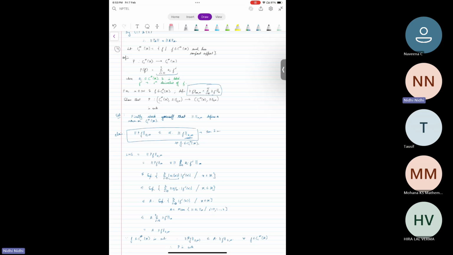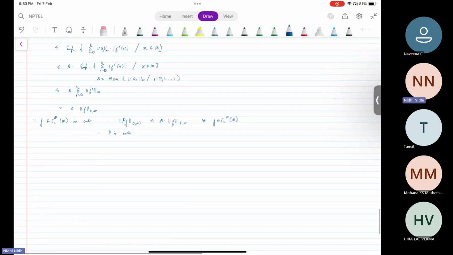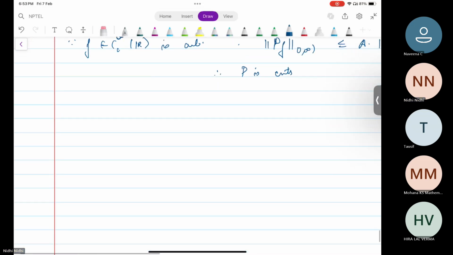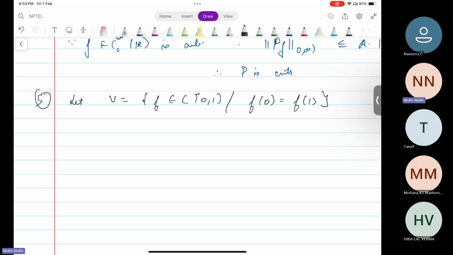Okay, so the next question is very easy. I don't want to solve it myself. I want you to solve it and tell me how to prove it. Question 5. Let V be the space of all continuous functions f defined on the interval 0 to 1 such that f at 0 is equal to f at 1.